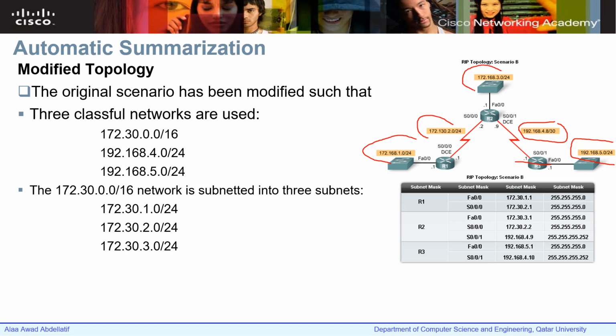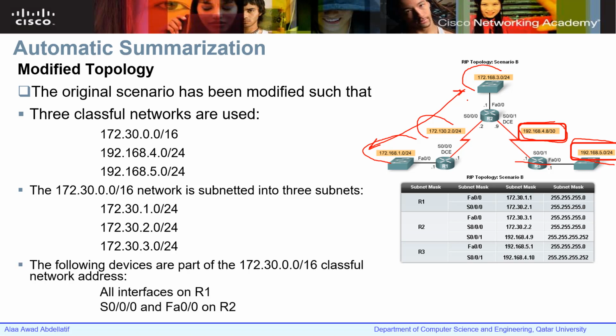This IP address is classless, and doesn't belong to a specific class. Now we have two groups of subnets, or two groups of IPs. This one can belong to classful IPs and this other is a classless IP. So this may cause a problem with RIP, because RIP supports only classful updates. That is one thing. The other thing is that all three IPs can be summarized into one IP address.